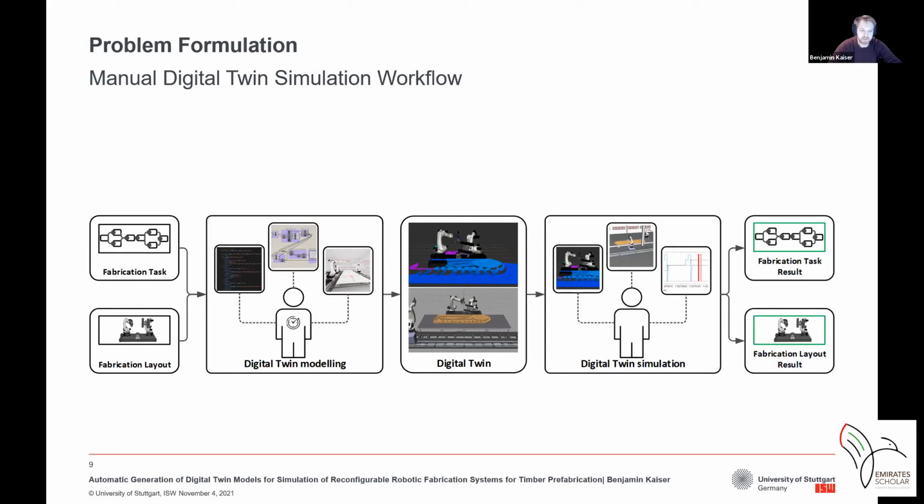So at the end we need to simulate the fabrication of the element that we want to fabricate in order to really ensure that this is feasible in reality. And then we are talking about digital twins for simulation.